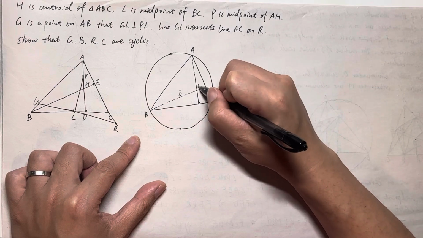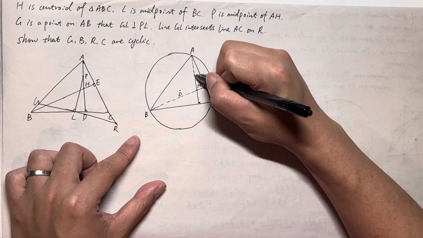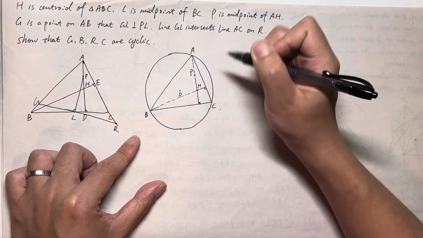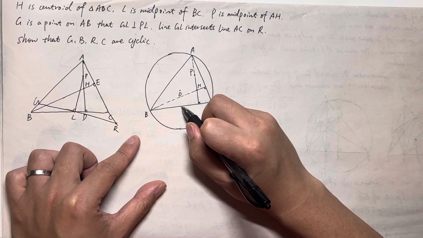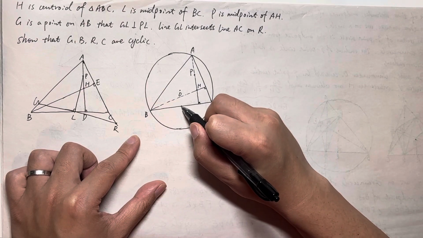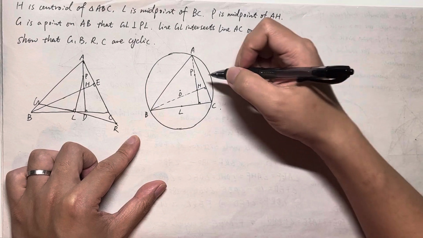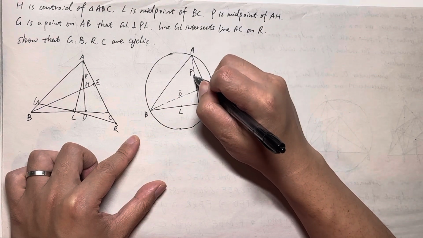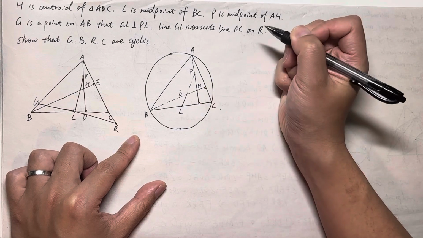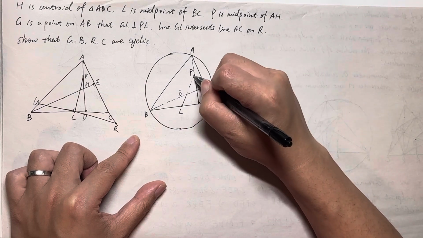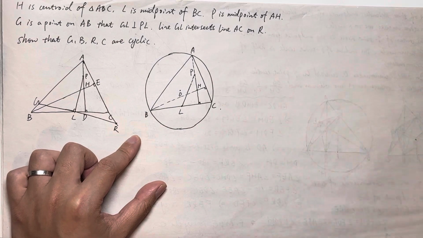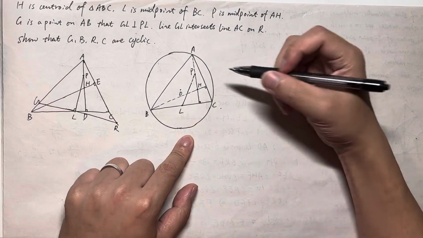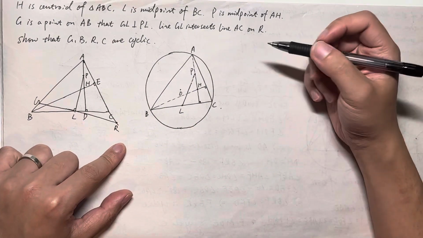So here is H, and this would be P. This would be L. That's the figure we already got.